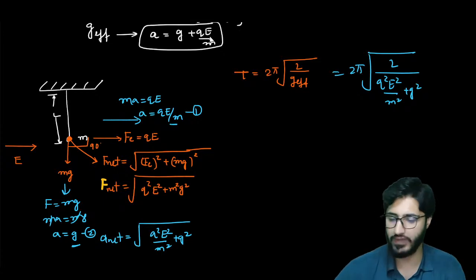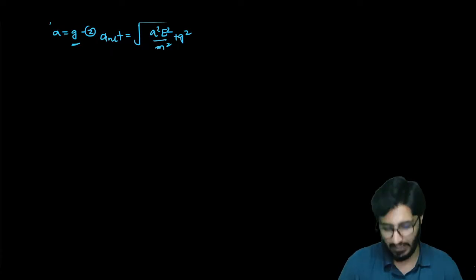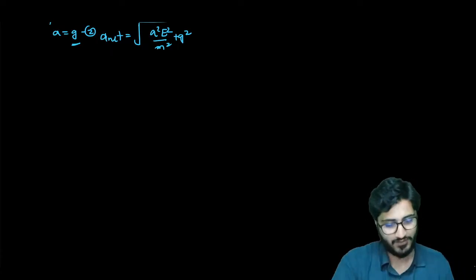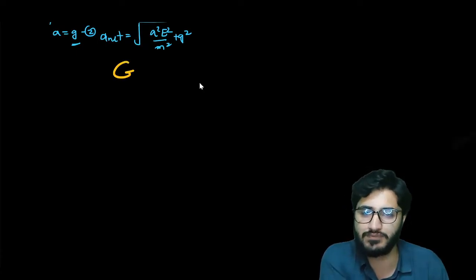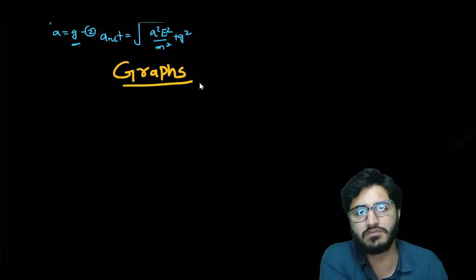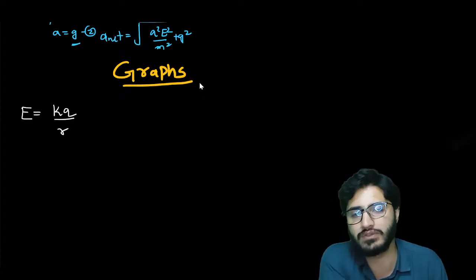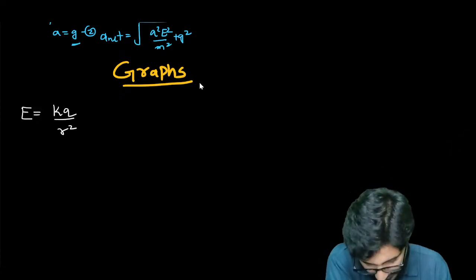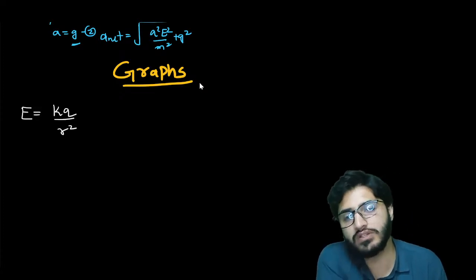So now we have the graphical analysis of the electric field. For the electric field, my equation is E equals KQ divided by R squared.